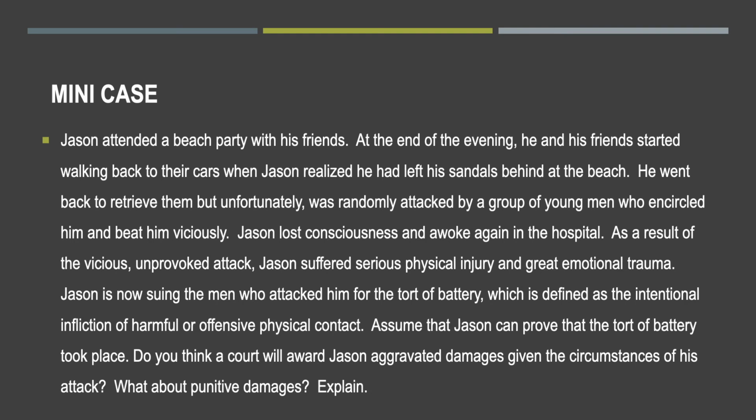Punitive damages bear no relation to what the plaintiff should receive by way of compensation. Their aim is not to compensate the plaintiff, but rather to punish the defendant. Knowing this, it is likely that Jason would be awarded punitive damages as well. Again, it would be up to circumstances and the court to decide.